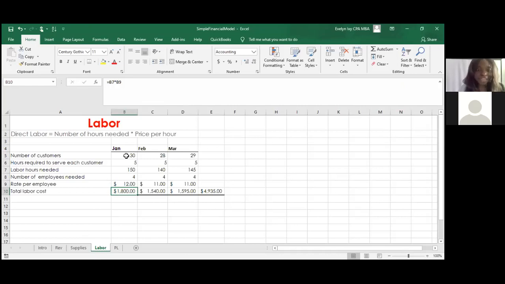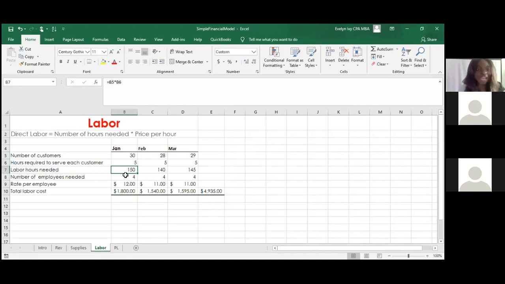So here, this is the number of customers we planned from our revenue prediction. That's how much you'll have. To figure out how much labor you need to serve each customer, say you need 5 hours. If it takes 5 hours to reach each customer, then your labor hours needed will be 30 times 5. That's how many hours you need to cover.